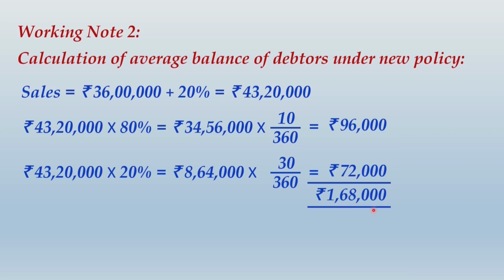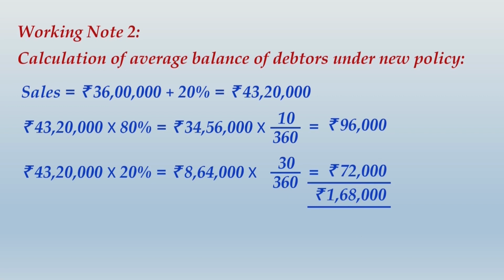So notice one thing, under discount policy where you are giving better discounts, giving higher discounts, people are getting motivated to pay quickly. 80% of your customers are now settling your dues within 10 days. In spite of increase in sales, your overall average balance of debtors got reduced.